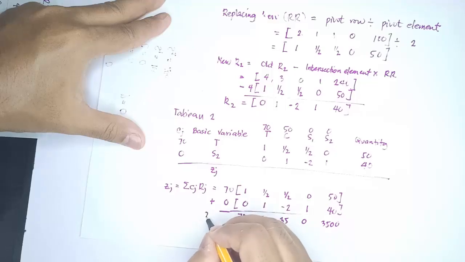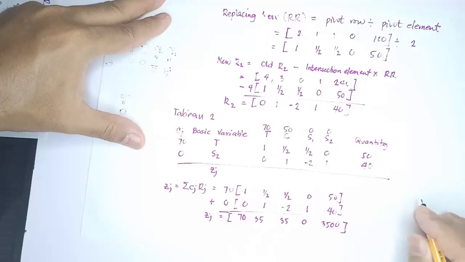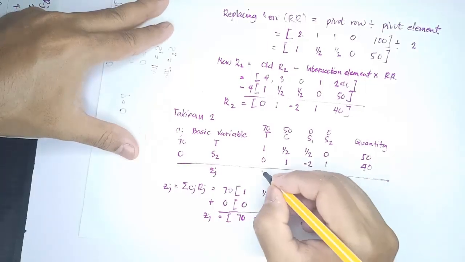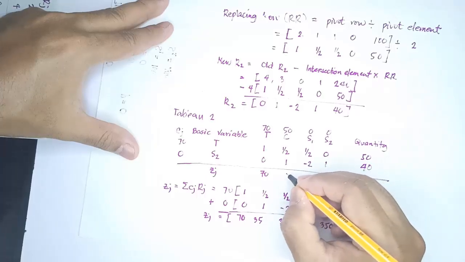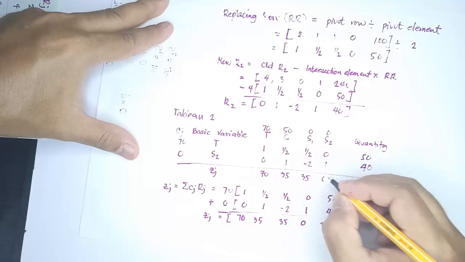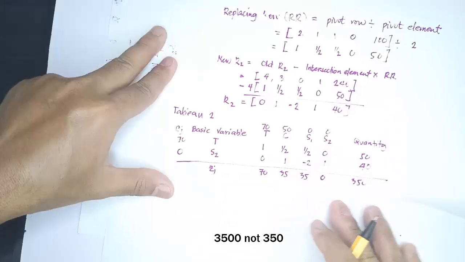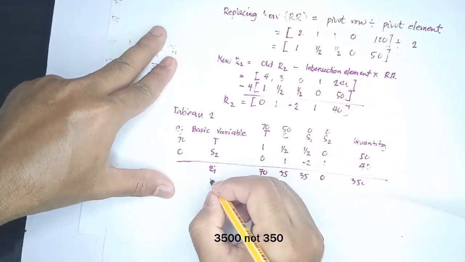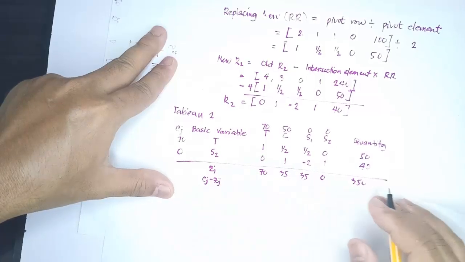So these are the elements of z sub j: 70, 35, 35, 0, 3,500.